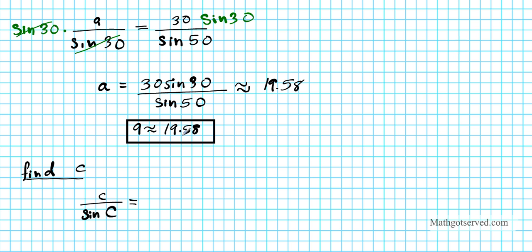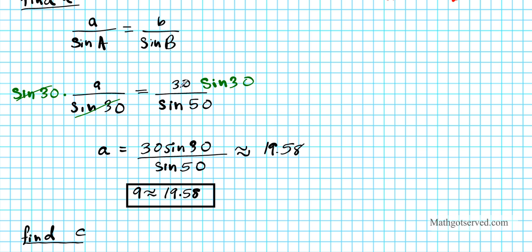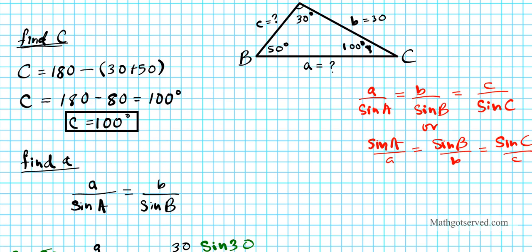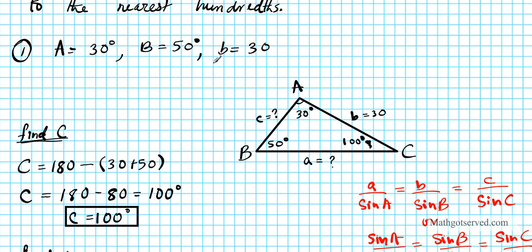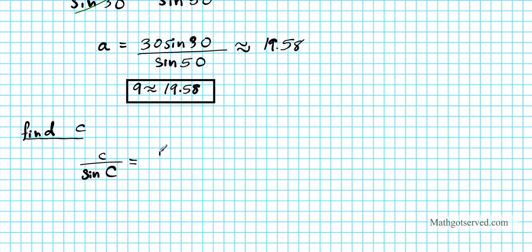Besides, it could be wrong also. So it's safer for me to use little b and big B since I was given that in the problem. So I know for sure that it's going to be accurate and they're exact values too. So it's smarter for us to use little b over sine big B.